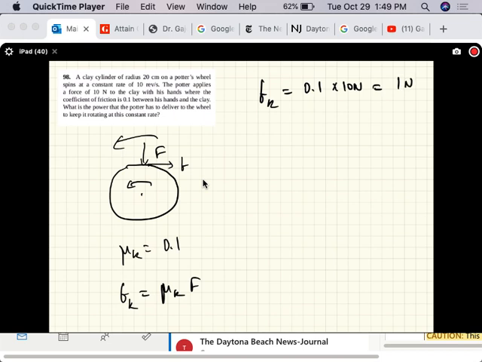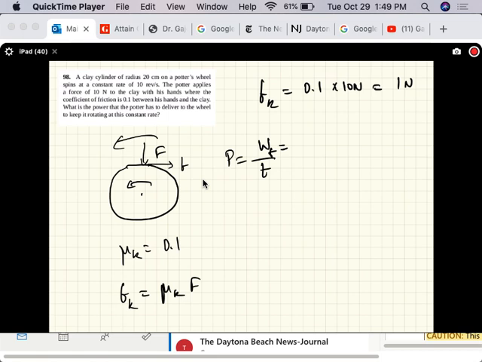Okay, and the work done by friction is the rate at which friction is doing work. I'll do an absolute value.